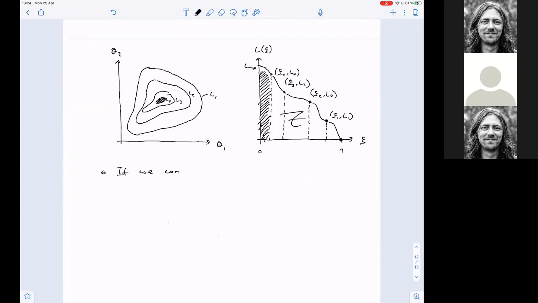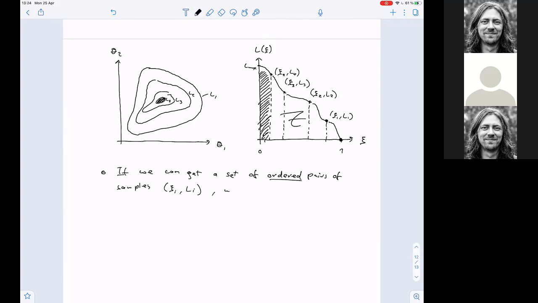We need a set of ordered pairs of samples psi i, L i.